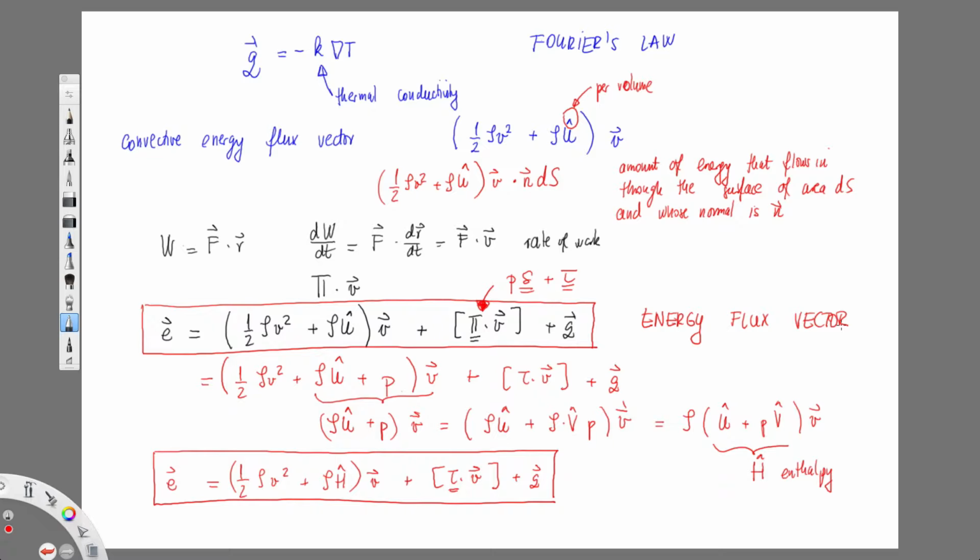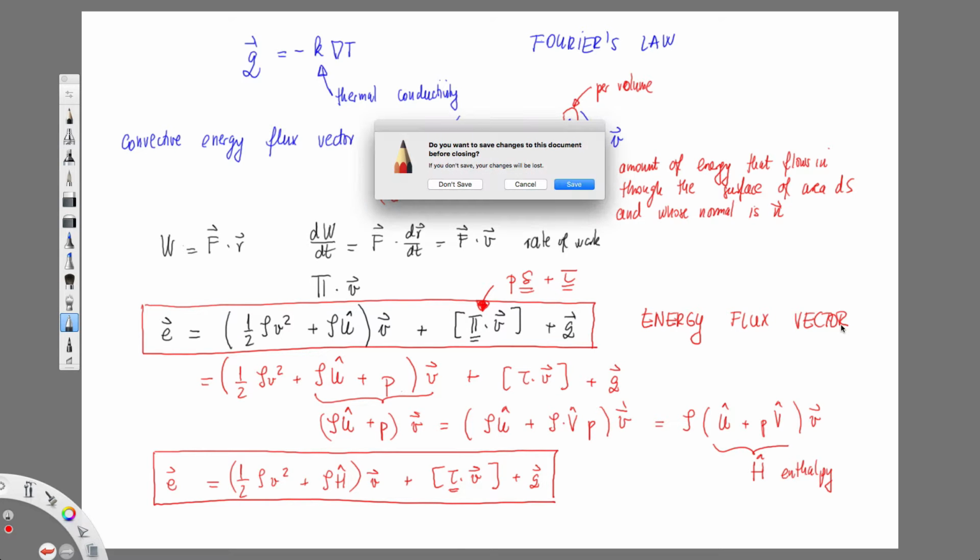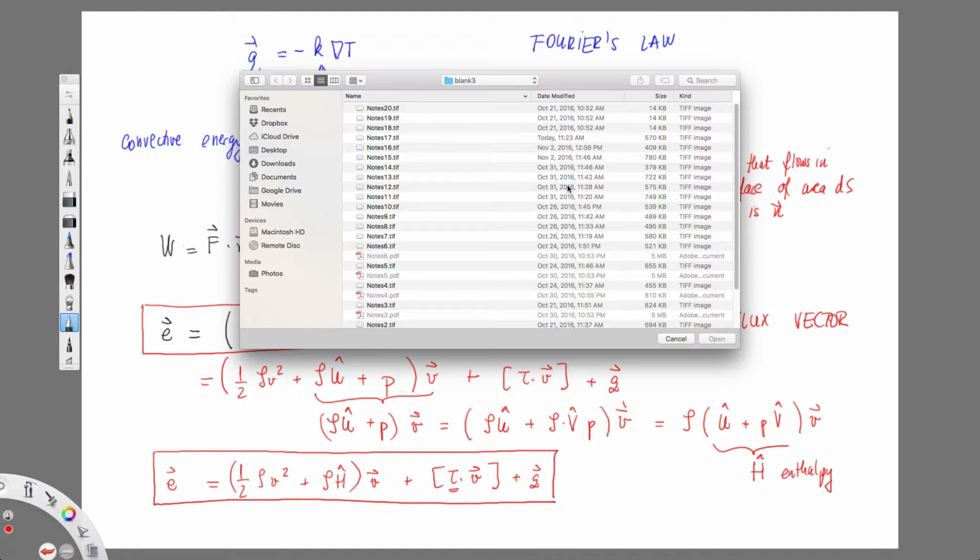All right, so this is a quick review of the main formula, and this energy flux is the main formula we will need. So let's now do some shell balances and solve a problem. This is steady state shell balances for heat transport.